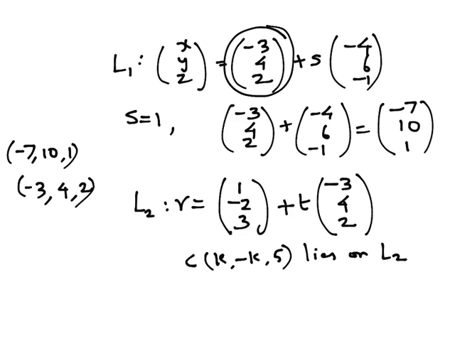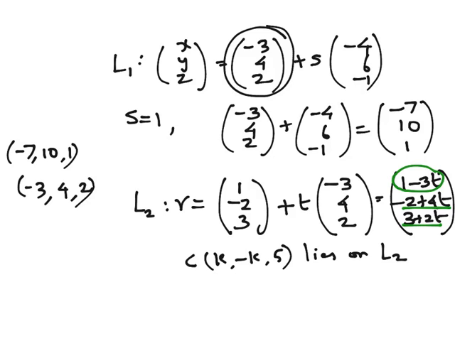I can write L2 as 1 minus 3t, minus 2 plus 4t and 3 plus 2t. This is the x coordinate, the y coordinate and the z coordinate of any point on the line L2.